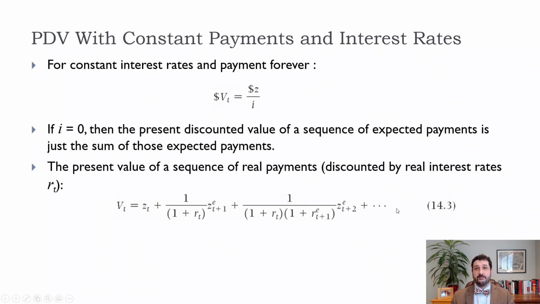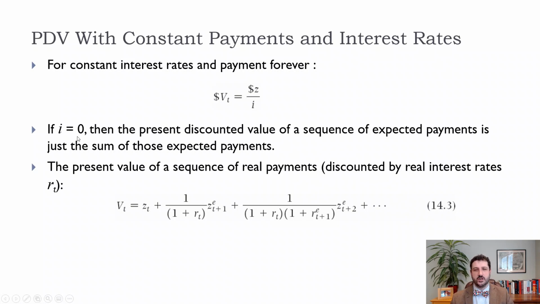So the nice thing is that this actually has a neat solution. As long as the interest rates are constant, which we don't really know, but we can make an assumption, and the payments are constant, and if n goes on forever, then the present discounted value is just the coupon payments, the $Z, whatever you're getting each year, divided by the interest rate.